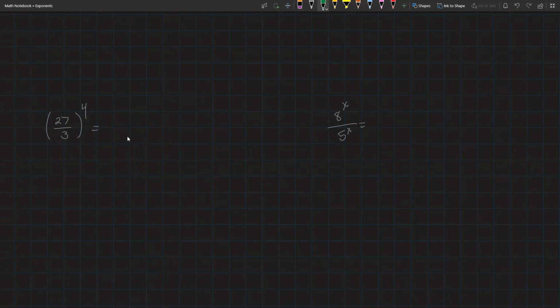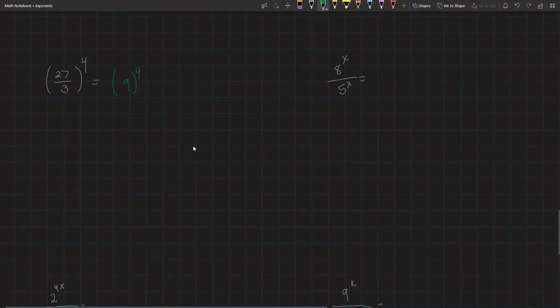We have two options. I can think of it as 27 to the 4th. Without expanded form, we can say, oh, you know what? That's just 27 over 3 is 9 to the 4. I don't know if that's the type of example I was going for. All right, well, it worked out. That's the same as that.